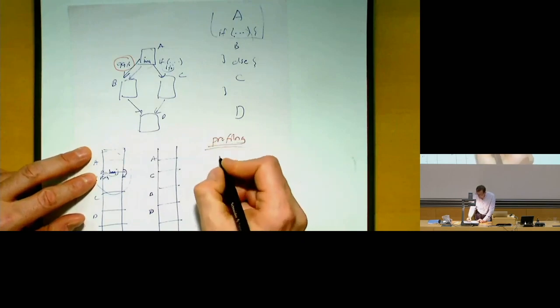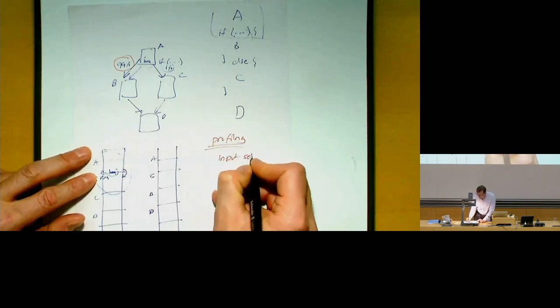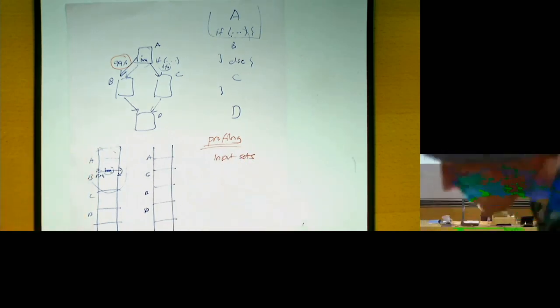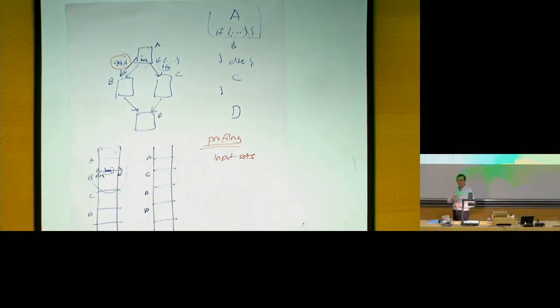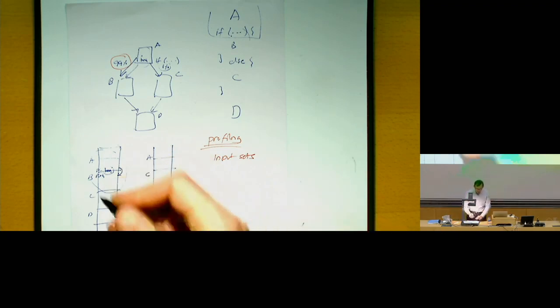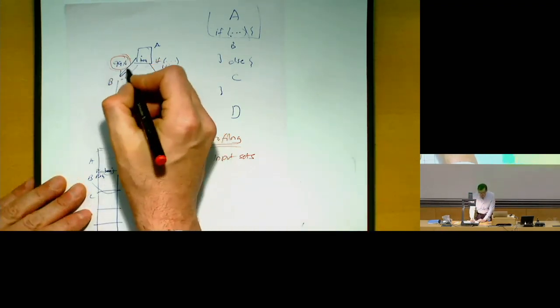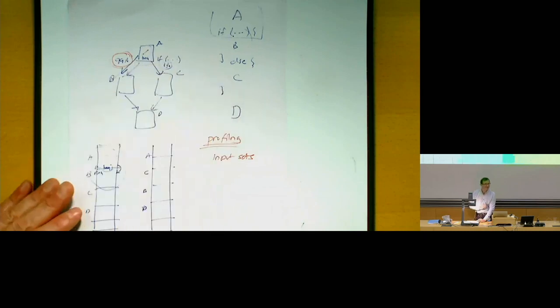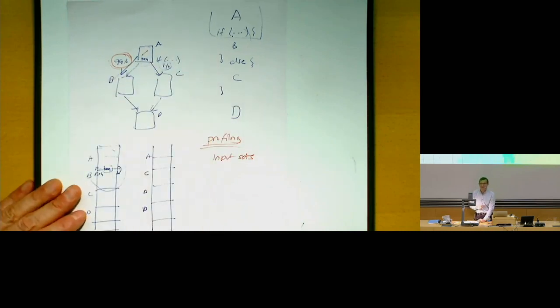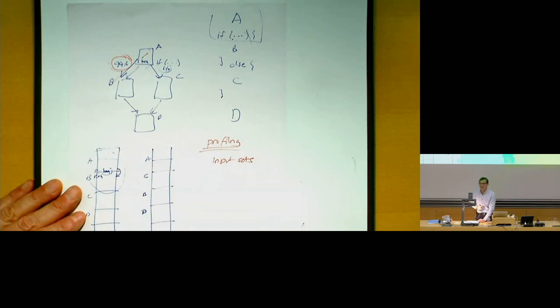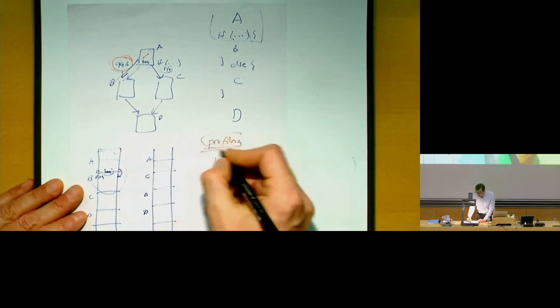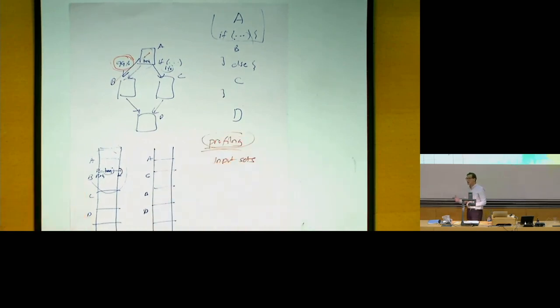They basically profile some input sets, run the program with multiple different input sets, and they figure out that, okay, out of all of the runs of this branch, the branch was 99% going this way, A to B. So they can figure this out by running the program multiple times, right? This is called input profiling or program profiling. Of course, it's heavy because before you run the program, you need to actually do these many runs.